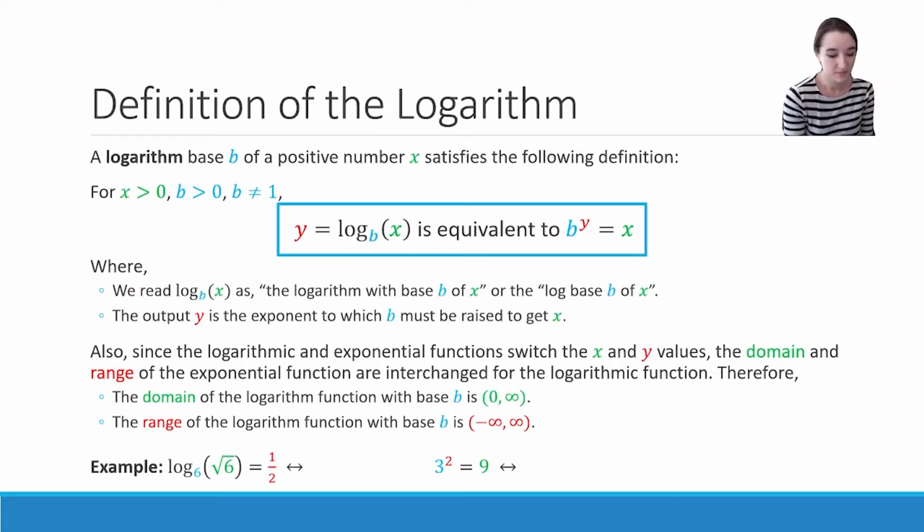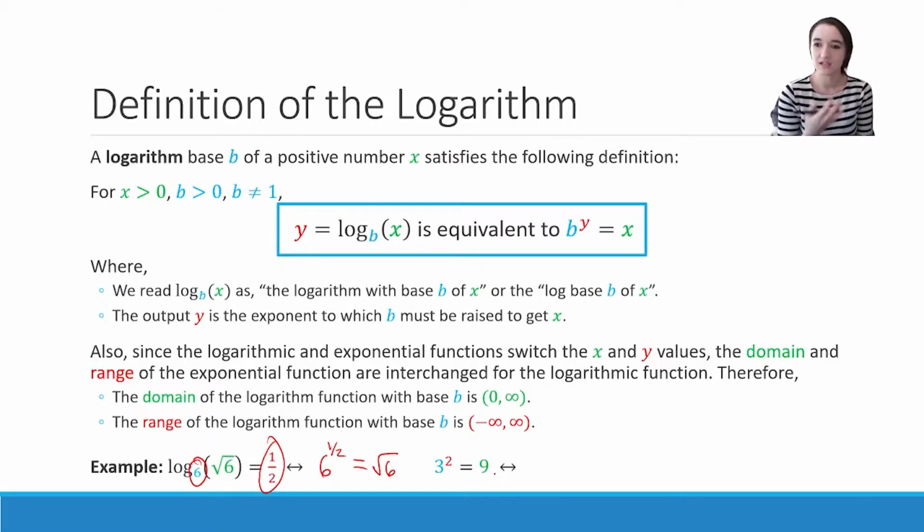Essentially, the base stays the same, so 6, and then the square root of 6 ends up on the other side of the equal sign, whereas this 1/2 becomes the exponent, which is something we should know, that the 1/2 exponent is the same as the square root, so we can state that this is, in fact, true.